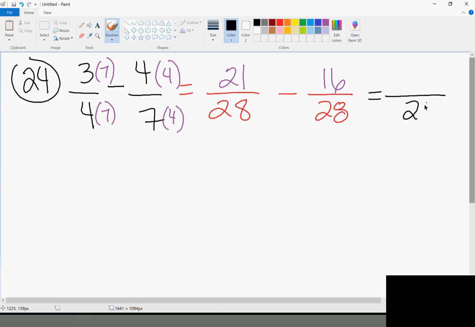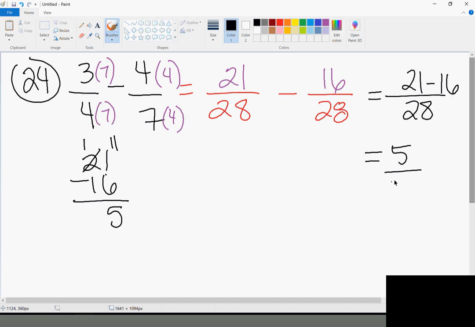So I'm going to keep that denominator that I worked so hard to get, and then combine the top. So 21 minus 16. So 1 minus 6, I'm going to have to borrow from the 2. So I have 11 minus 6, which is 5. 1 minus 1 is 0.